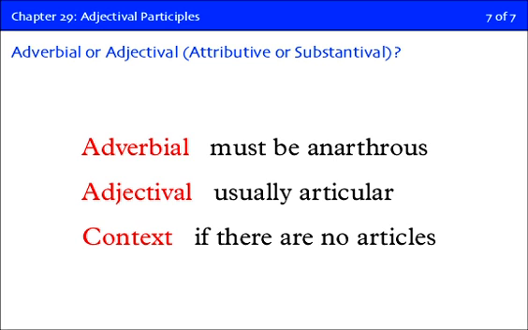Attributive participles usually have an article. Or to state it the other way around, if the participle has an article, it can't be adverbial. It has to be adjectival of some sort.